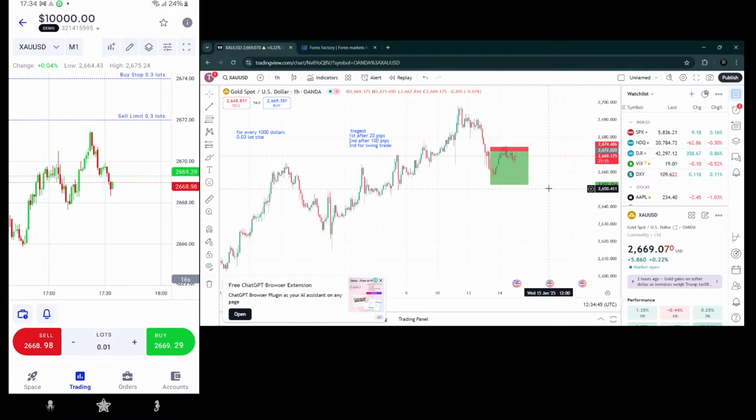You can go for the sell from 2650. See where you can hedge, and the hedging point also has to be smaller, then you can recover that money if you are stuck in the situation. Don't put 100 pips or 200 pips, and also use proper lot size. With every $1,000 use 0.03.